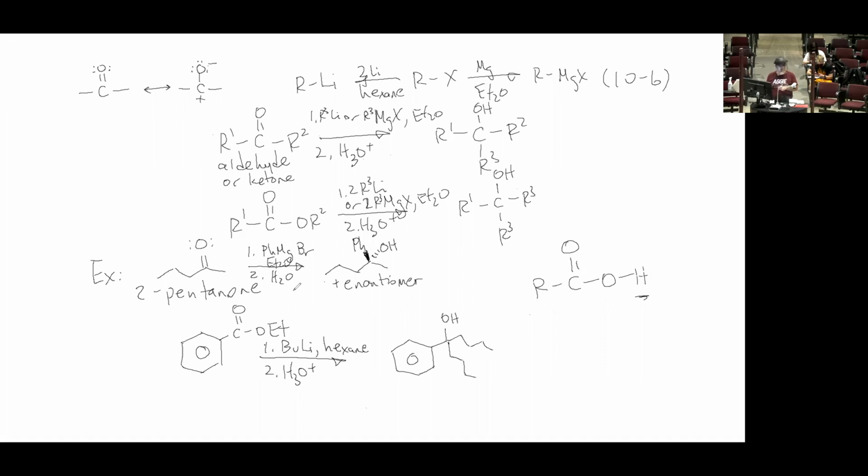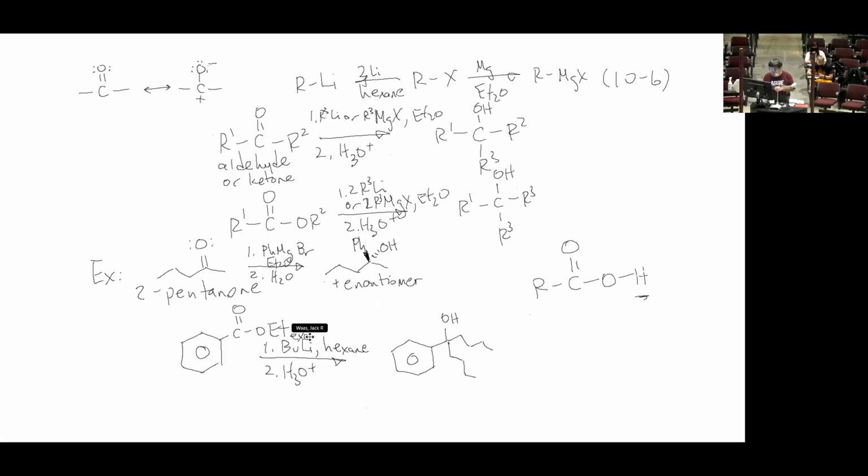All that will happen is the proton on the carboxylic acid will take the place of the metal. You'll go from a carbon-metal bond to a carbon-hydrogen bond. And so that's why if you treat any carboxylic acid with either an alkyllithium or a Grignard reagent, all it will do is pull off the proton and then you're done. It's not going to react further. But esters don't have that proton, and so they will react as expected.